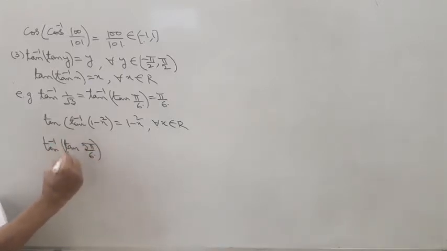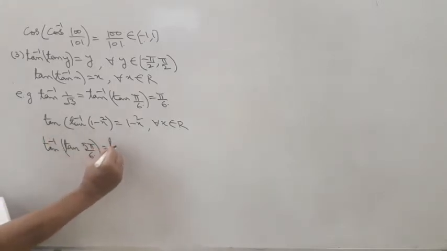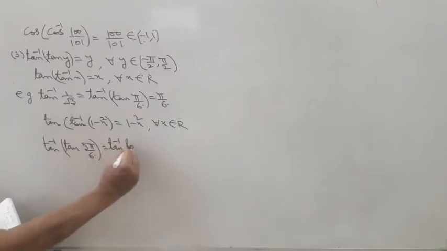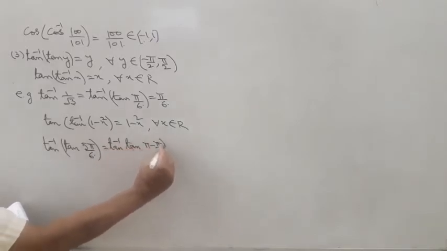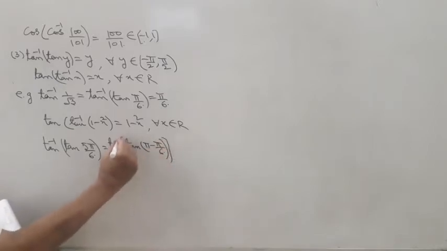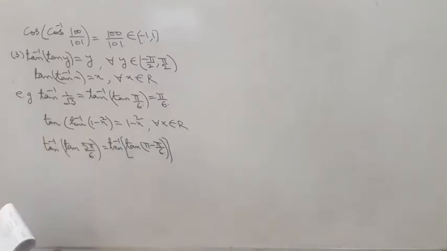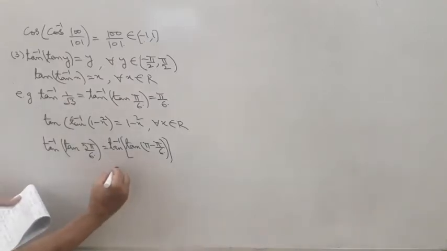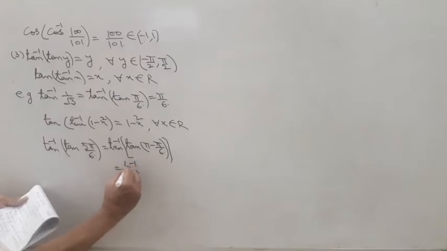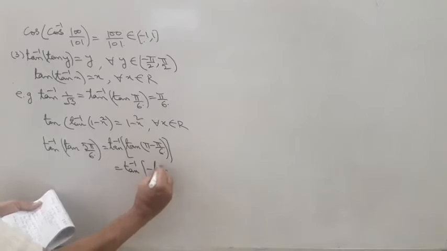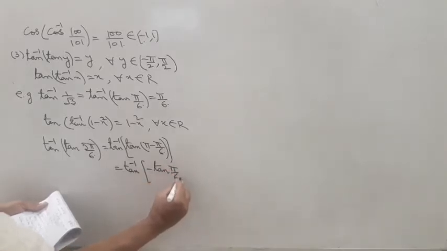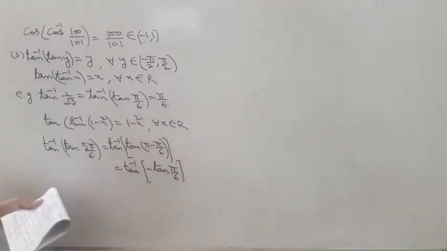You please note down the points which I am discussing here. It is tan inverse of tan of pi minus pi by 6. Check out, tan inverse of tan of pi minus pi by 6 is equal to tan inverse of minus tan pi by 6, since tan of 180 minus theta is minus tan theta.